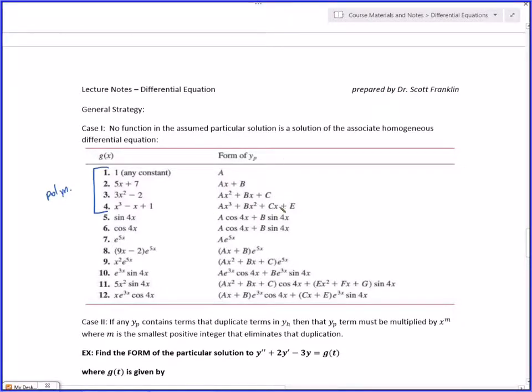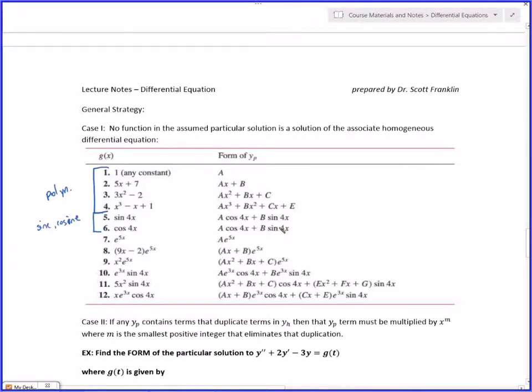And so on up. The next 2 are like our next example. When you add a sine or a cosine on the right-hand side, you use the same sine. That is, if it's sine of 4x, you use a sine of 4x and a cosine of 4x. If it was a cosine on the right, you use the same guess.